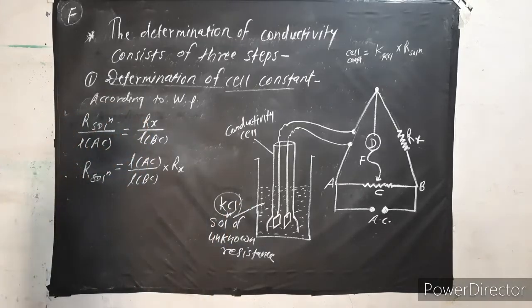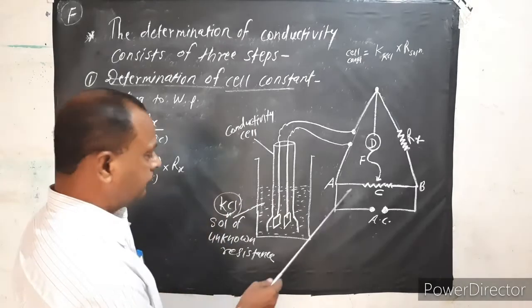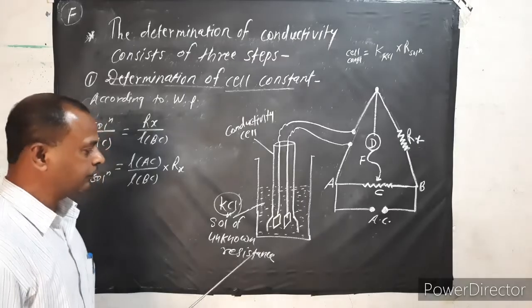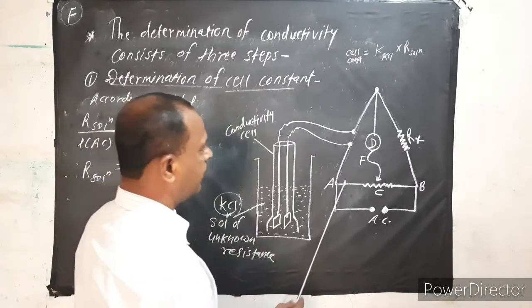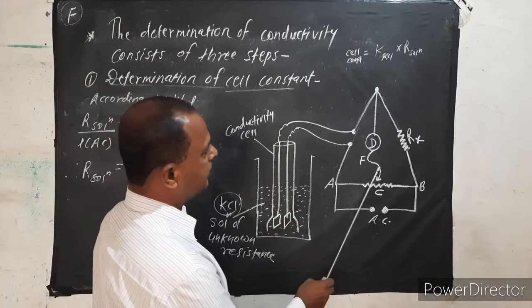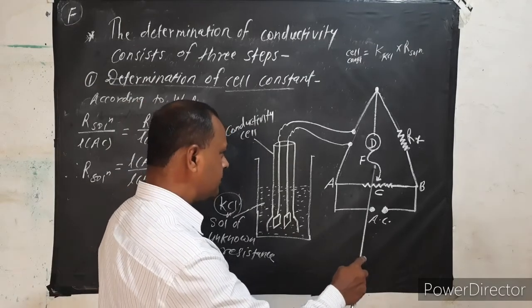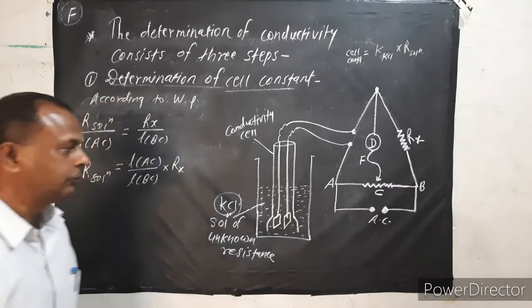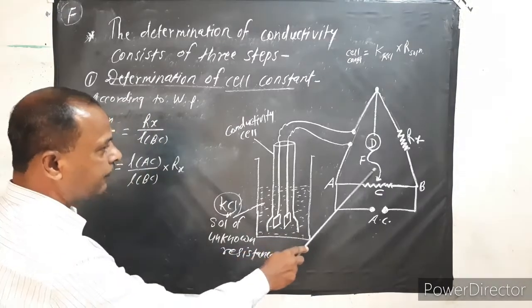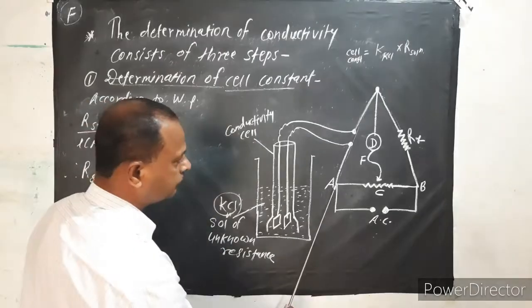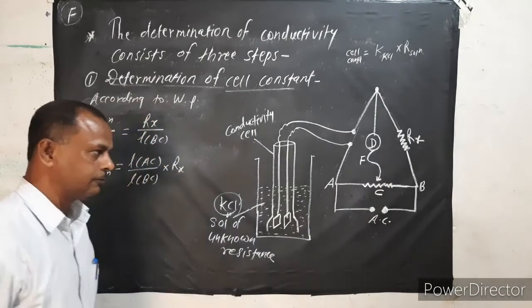Now how do you measure the resistance of that solution? F is the moving contact, the sliding contact, which just moves across the wire AB.